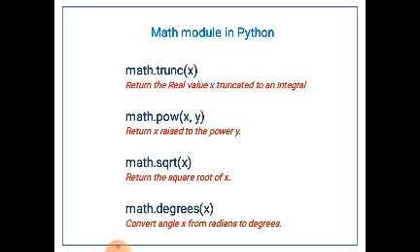Next we see math.pow(x, y). That means x to the power of y. Next, math.sqrt(x). Here we get the square root of x as the answer.